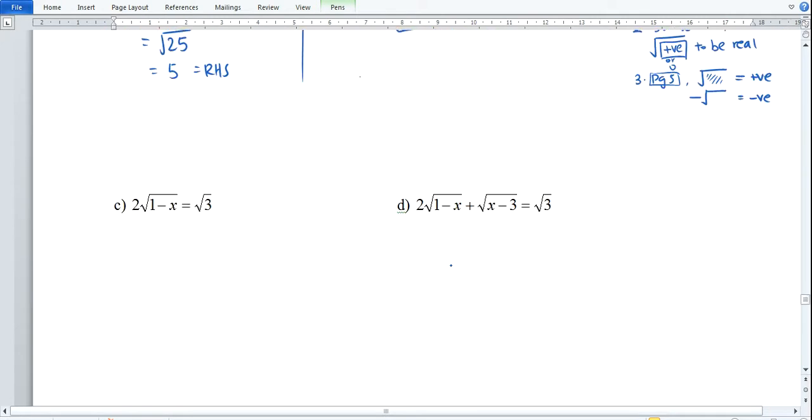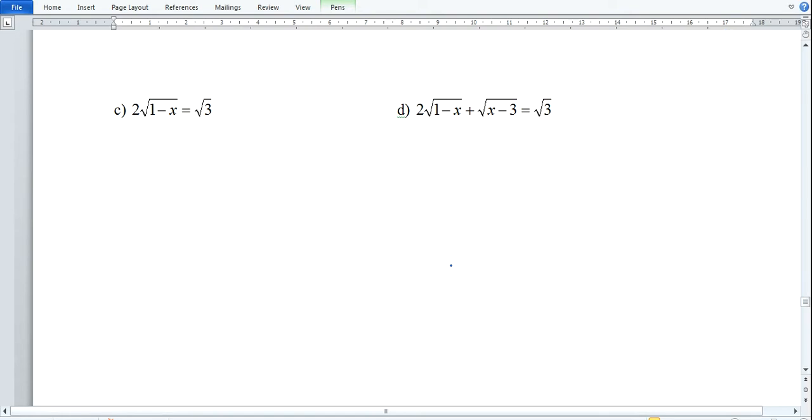Now let's look at the next question. In this case, again, I want x, but I have things on both sides, so I'm going to square both sides again. But how do I square this? You can use the indices law, and it will be 2 squared times square root of 1 minus x, whole thing squared, equal to 3.